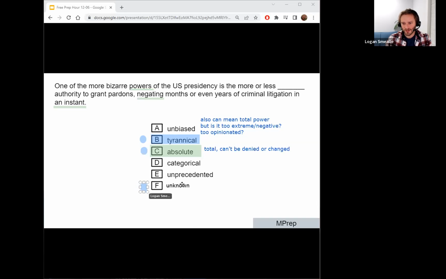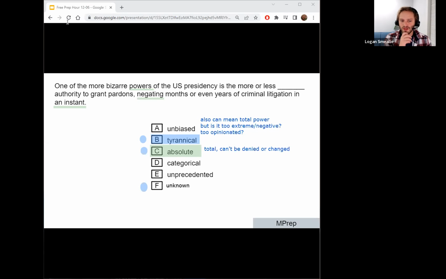What do y'all think of F? Is unknown a good match for absolute? Or is there anything else that's a good match for absolute? I'm feeling a little weird about unknown.